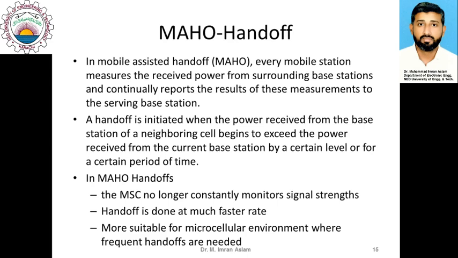So MAHO requires less computation at the MSC site as compared to the general handoff that we discussed before. Secondly, MAHO handoffs are done at relatively faster rates. So these handoffs become more suitable for microcellular environments where the user needs frequent handoff.